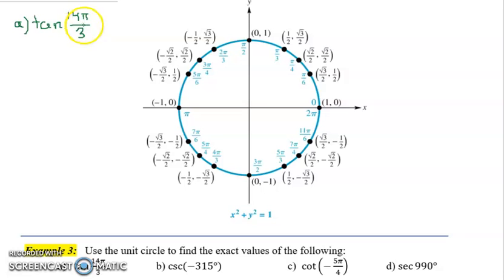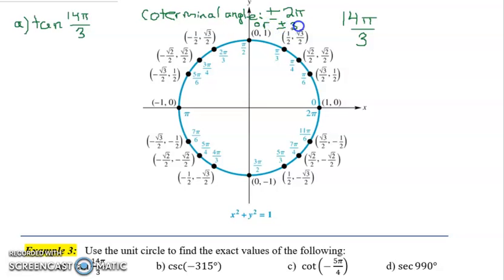So if the angle is too big, like this one, then what we should do is subtract 2 pi. Remember that to find a coterminal angle, we either add or subtract a full rotation, which is either 2 pi if we're working in radians, or 360 degrees if we're working in degrees.